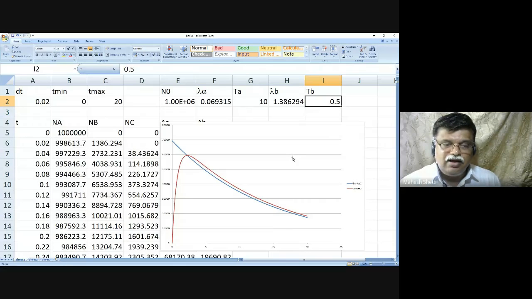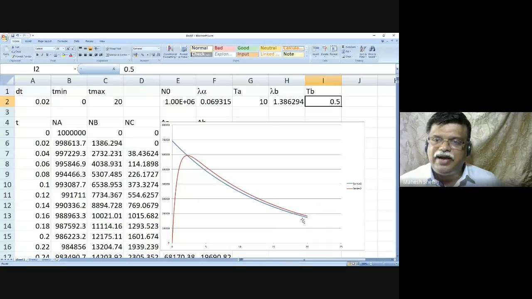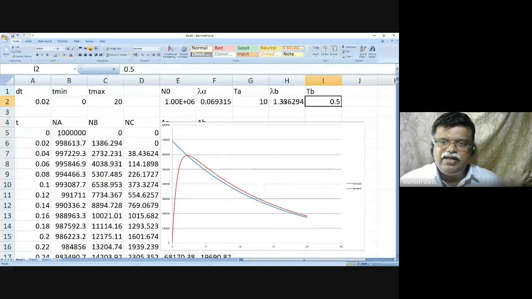So this has a physical significance: A is slowly decaying, B is fast decaying, but what you observe is their activities are exactly the same. But that also means the lambda B value is very large as compared to the lambda A value. So if activities are the same and the decay constant of one of the elements is very, very large, it would mean that element will be present in small proportion.